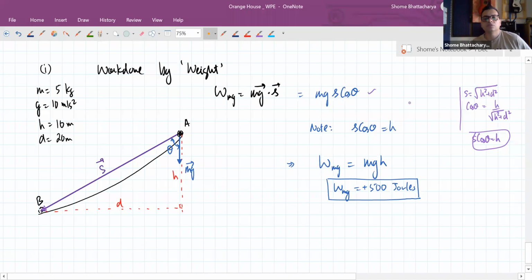This is what we have to substitute here. Is it clear, Krupa? Okay. So that is why I did not calculate the hypotenuse separately, because it's not required.